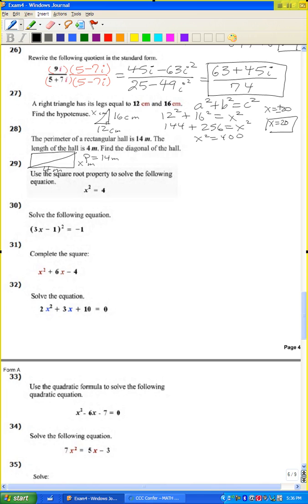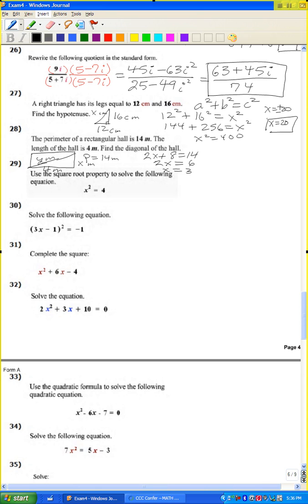I want to determine the diagonal, maybe I'll call it y. The perimeter, 14, is just twice, 4 plus x plus 4 plus x, which is 2x plus 8 equals 14. Subtract 8 from both sides, so 2x equals 6, so x is 3.